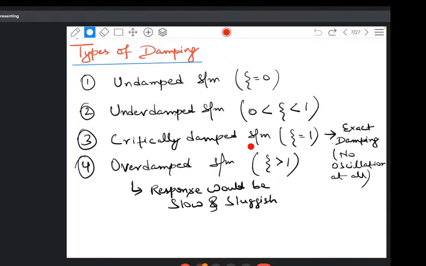Okay, it does not come to the steady state, it starts swinging, but after few oscillations it comes to its normal position, right? So although oscillation is seen, but that will remain only for a short time period.